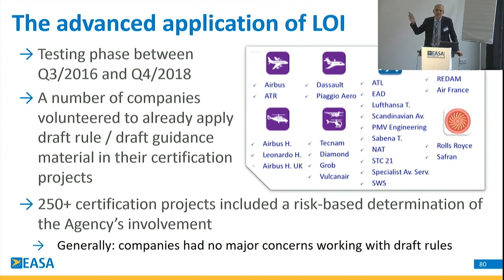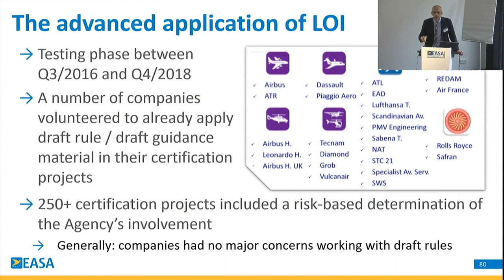In October 2016, there was only the initial draft of the certification memorandum available. We had that one plus the opinion on Part 21. The opinion gives the backbone, so it shows which are the 4 criteria to be considered for the risk assessment and which are the duties of the applicant and of the agency.